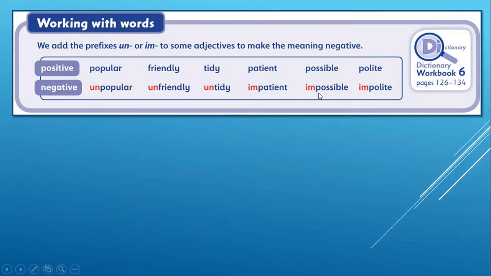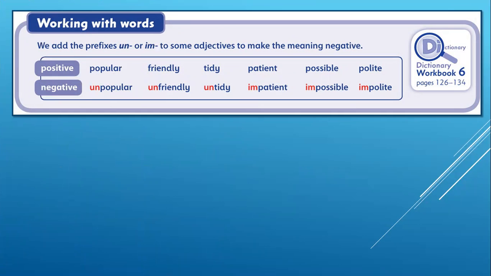So we have 2 prefixes, un and im. When I add them to some adjectives, they give me the negative meaning. For example, look at this part here, popular. Popular is an adjective. Popular means famous, all people like him.